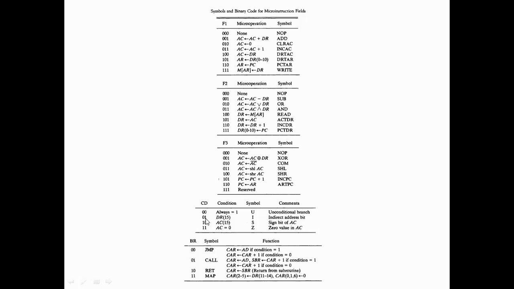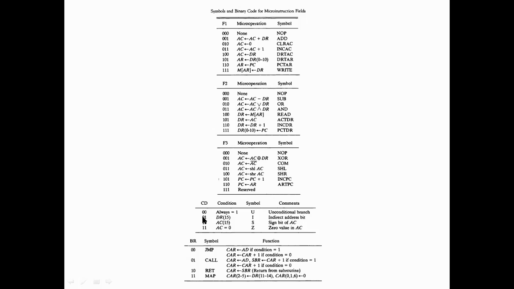If it is 01, it means you have to check this I bit. Fine. Since the data register is 16 bits, because our main memory is 2048 into 16, we have to check the most significant bit, and if it is 1, then it is an indirect address bit, what we call the I bit.